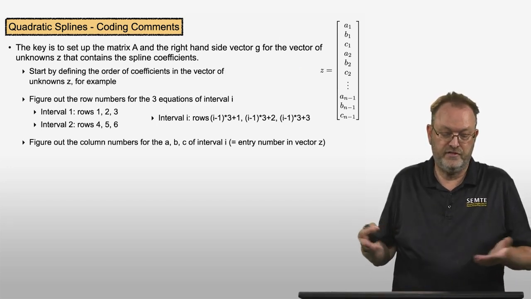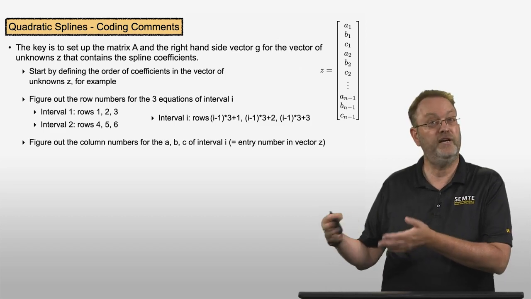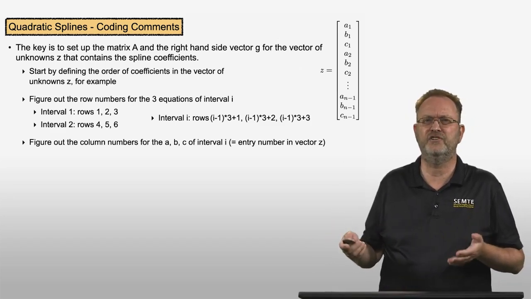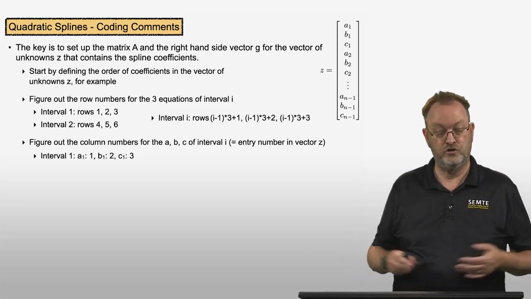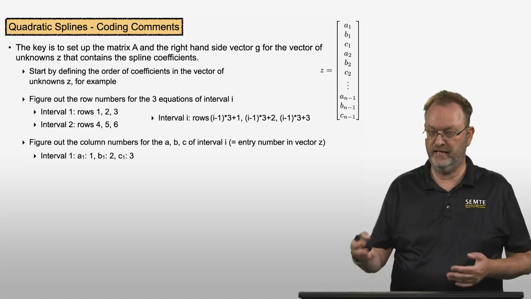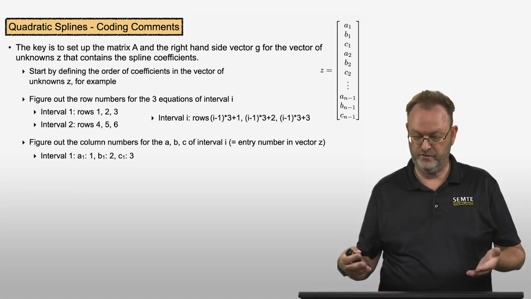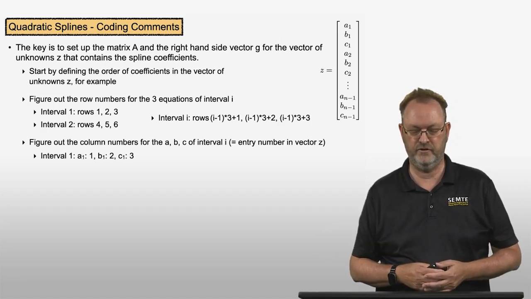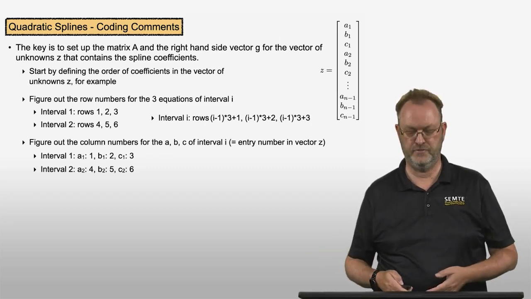And then what we have to do is figure out the column numbers for the a, b, c of interval I. And the column number in the matrix is basically just the entry number in the vector Z. So for interval 1, the entry numbers in the vector Z for a1 is 1, for b1 is 2, and for c1 is the third entry in the vector Z. Interval 2, well, that would be 4, 5, and 6.